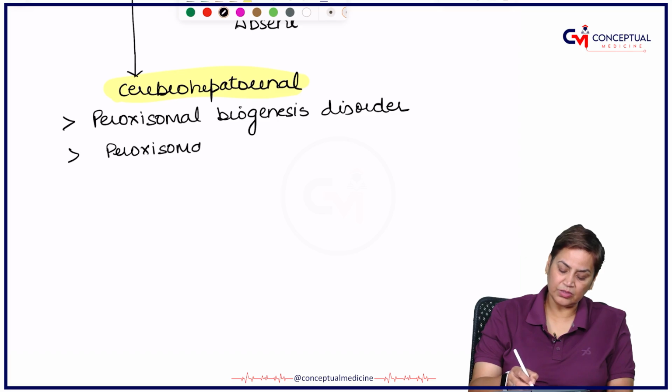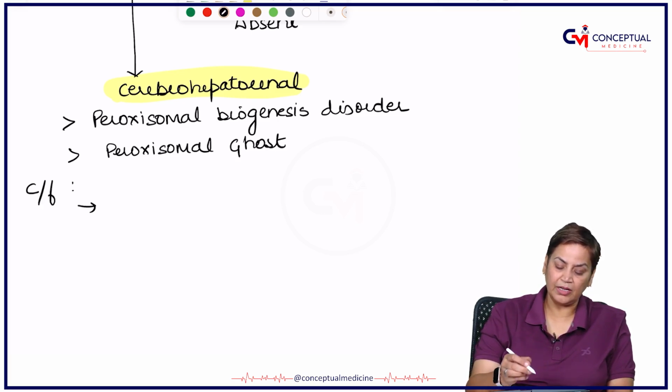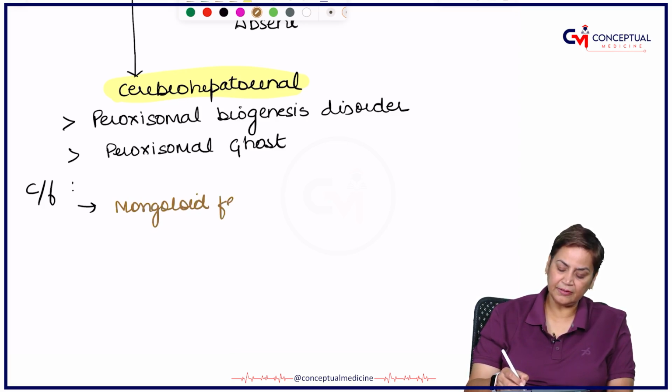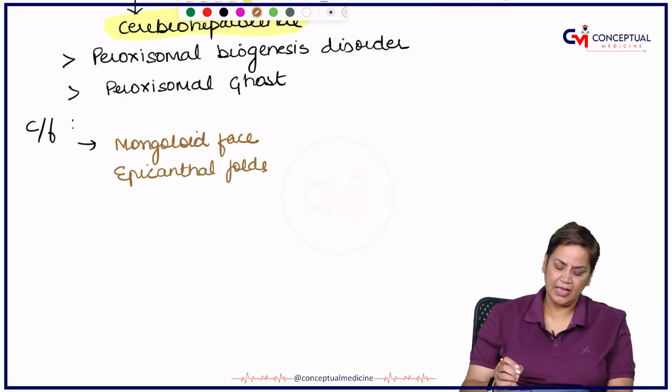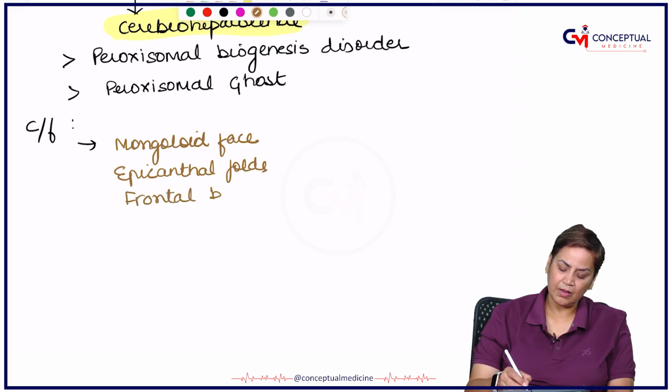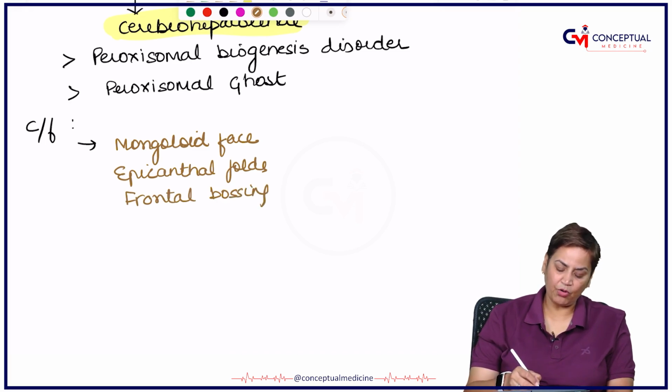If we talk about the clinical features, the child who is born with this Zellweger syndrome will have mongoloid faces. Epicanthal folds will be there, a typical Mongolian look, and he will have frontal bossing and a prominent forehead.